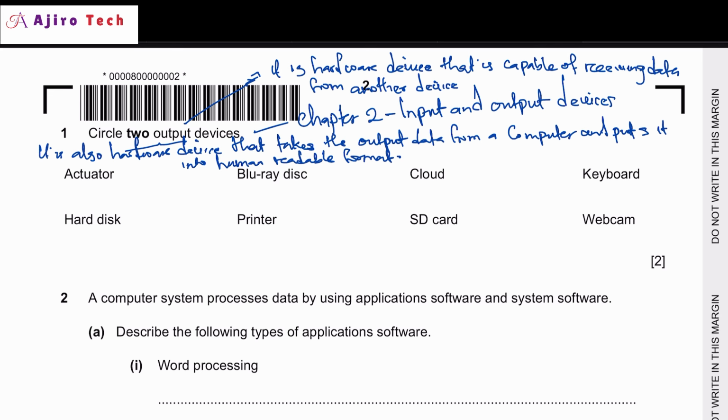Now, let's say circle to output device. Don't forget, we'll talk about the command words. Command words are very, very important. So we have actuator, Blu-ray disc is chapter 3, storage media and devices, right? So Blu-ray is not it.